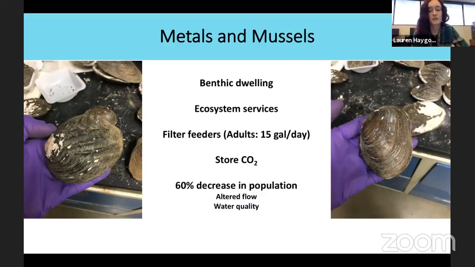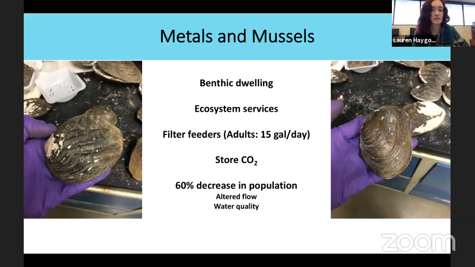They're filter feeders, so adult mussels can filter 15 gallons of water per day. And as they're filter feeding, they will take in everything. So they will take in metals in the water, anything else in the water, and then they'll release out stuff. But the metals, they don't release back out. They actually start accumulating them in their tissue and shell. So they will accumulate the metals as they grow over time.